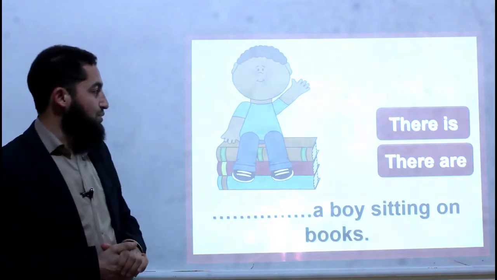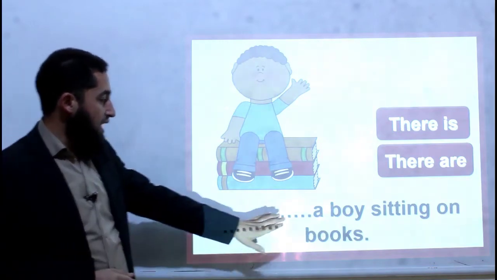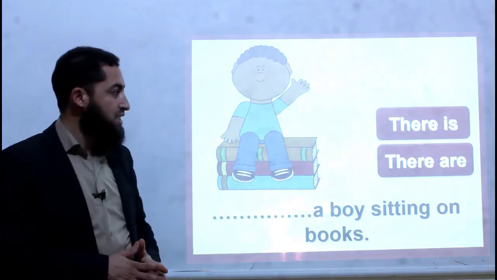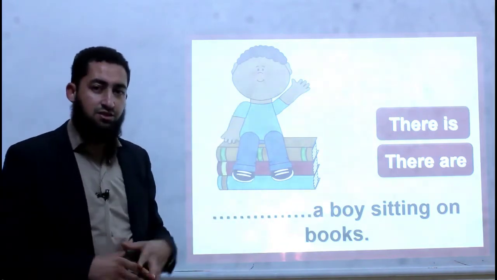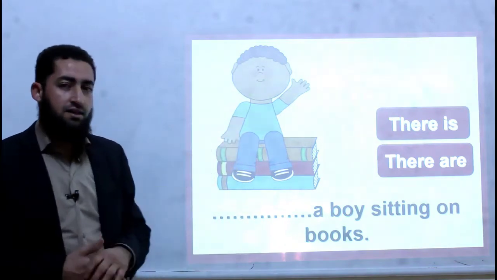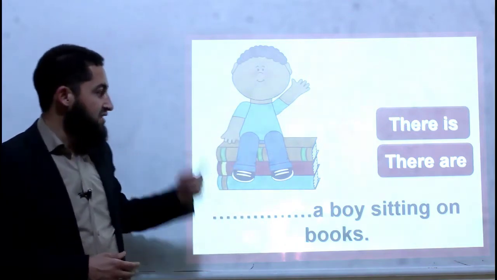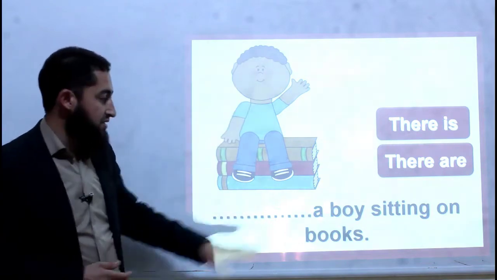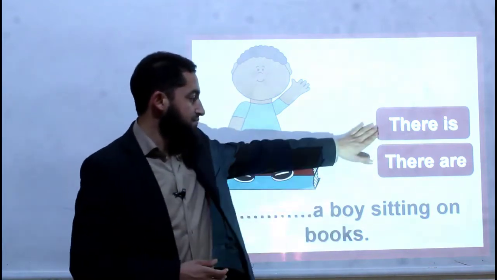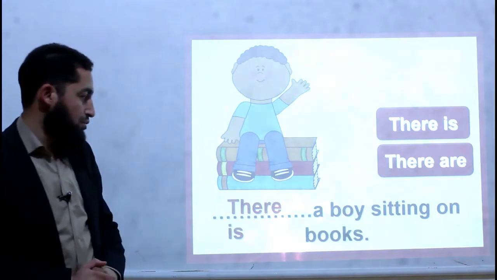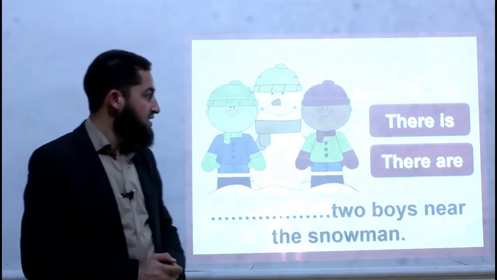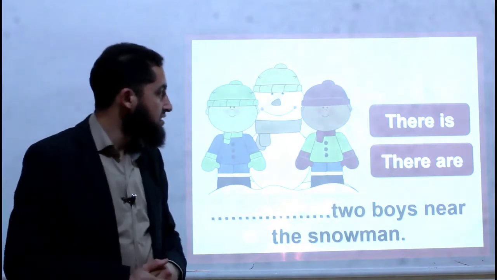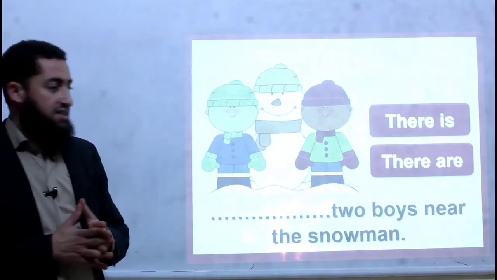The next example is a boy sitting on the books. Is it there is or there are? So we have 1 boy. We say there is a boy on the books. Very nice. Okay, we move on to the next slide.